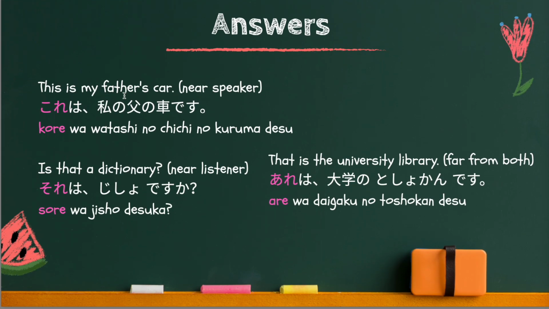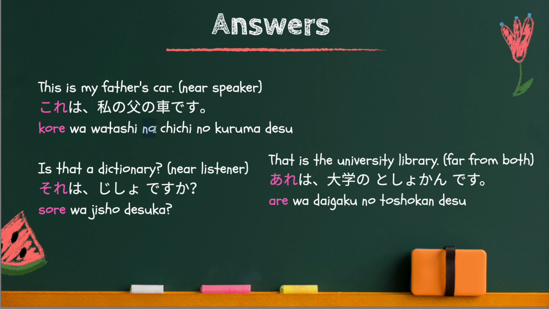This is my father's car. これは私の父の車です。これ is used because the car is near speaker, near me. My father's car. 私の父の車.